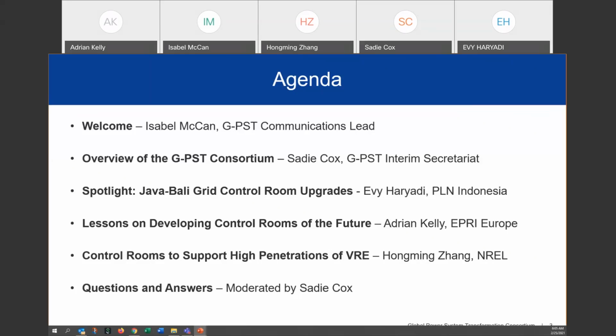We will be hearing about lessons on developing country control rooms and on developing control rooms of the future, as well as how to design control rooms to support high penetrations of variable renewable energy. Our remaining time will be used for a Q&A session at the end.